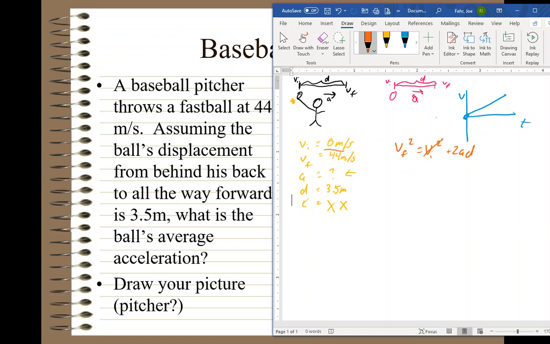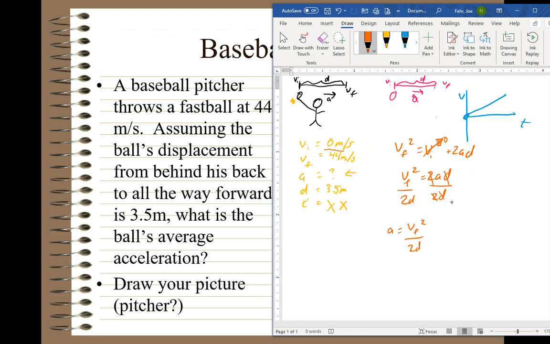So this part will go away. Vf squared is equal to 2ad. I'm trying to solve for the acceleration, so divide through by twice d, and I get acceleration is equal to Vf squared divided by 2d.